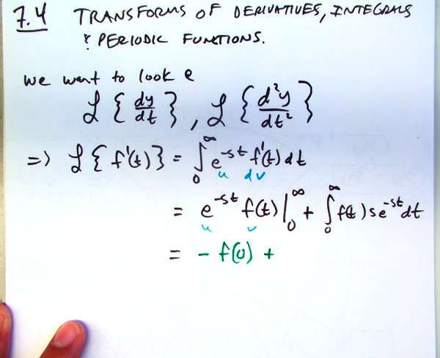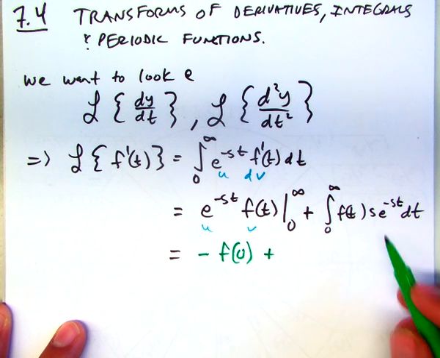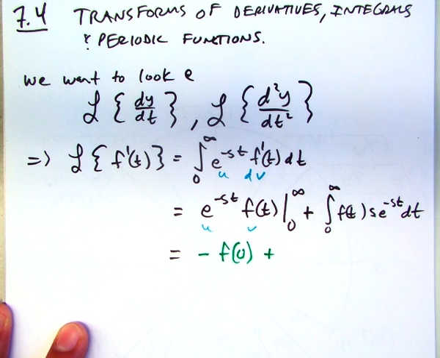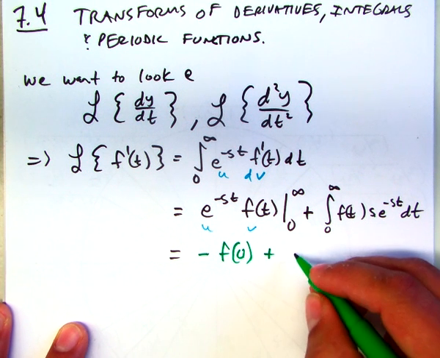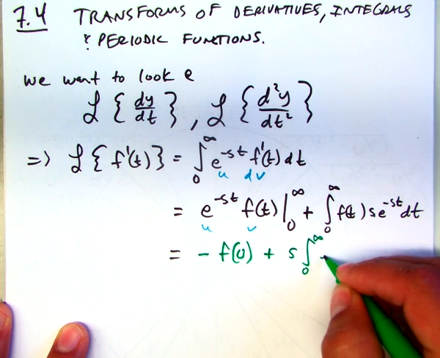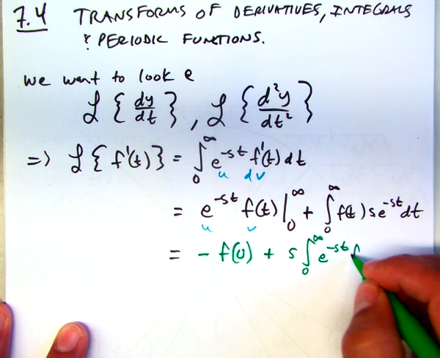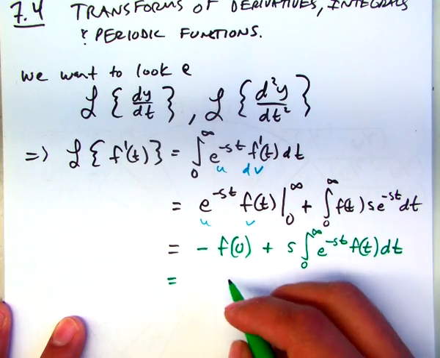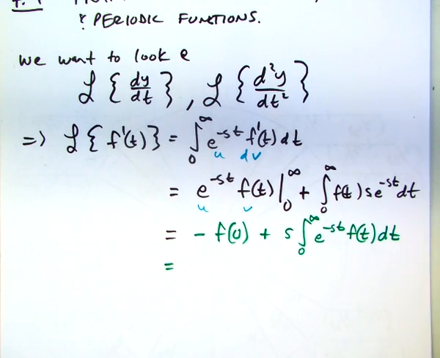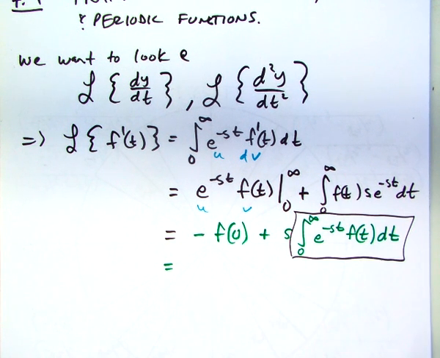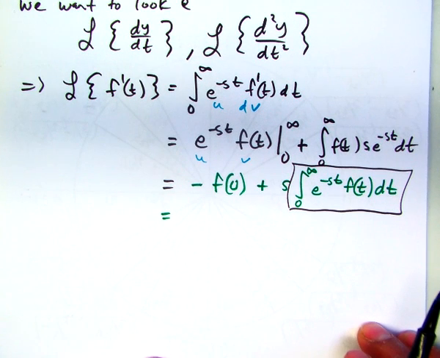you could factor out the s, since it's not the variable we're interested in here, so we'll leave it as s times the integral from 0 to infinity. And let me just rearrange things so that maybe it's a little more obvious. This is what? Transform.